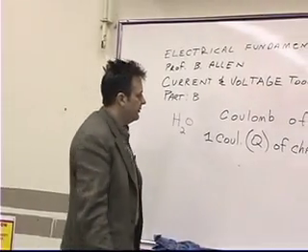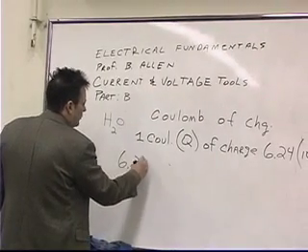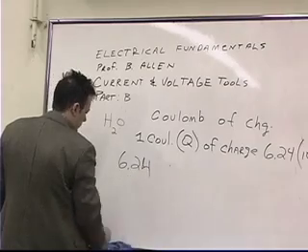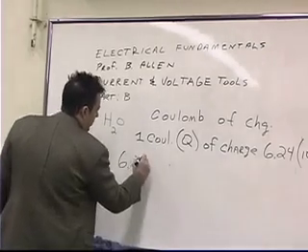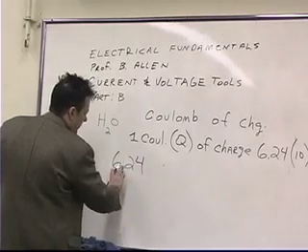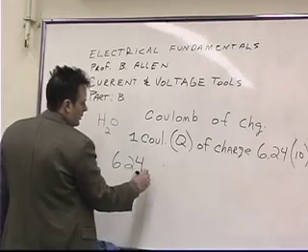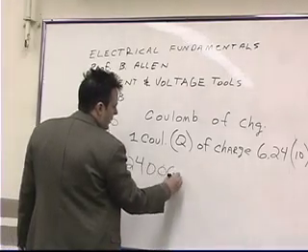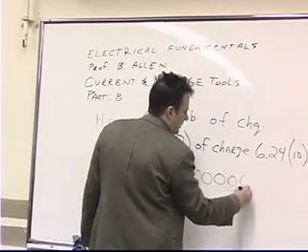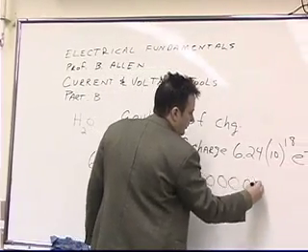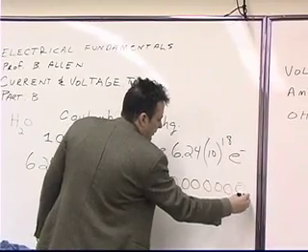You know how big that is? 6.24, let's move the decimal. 1, 2, 3, 4, 5, 6, 7, 8, 9, 10, 11, 12, 13, 14, 15, 16, 17, 18.